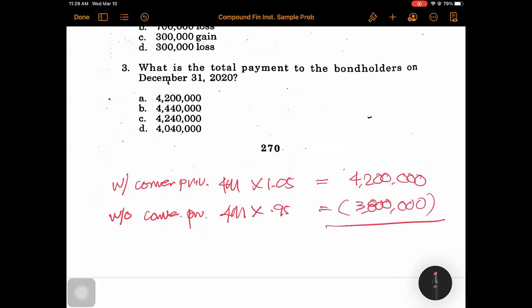Therefore, pila day ang share sa equity nimo or sa share premium with conversion privilege nimo. So, ang balance ana, di ba, that is allocated to the equity. So, 4,200,000 minus 3,800,000, you have 400,000.